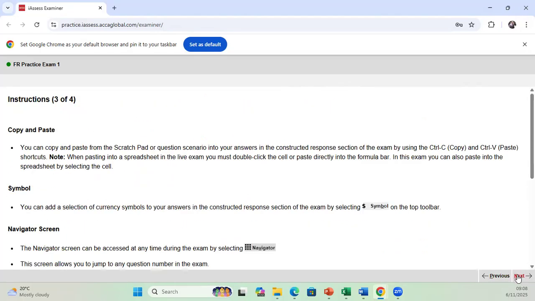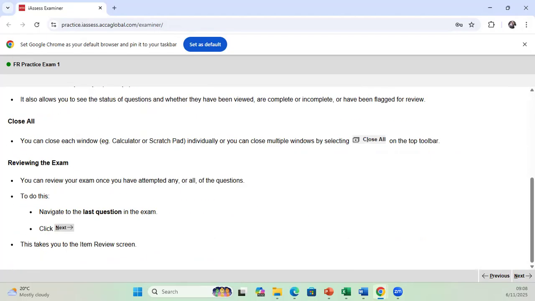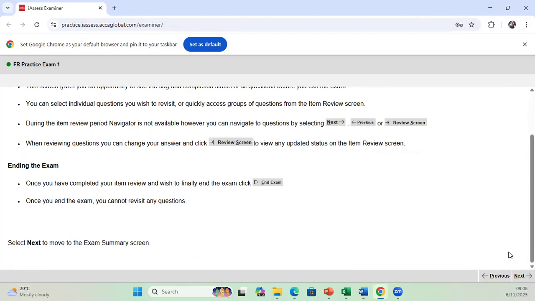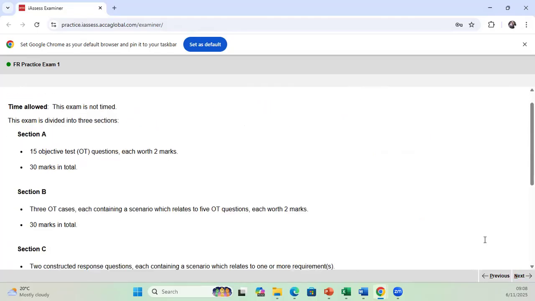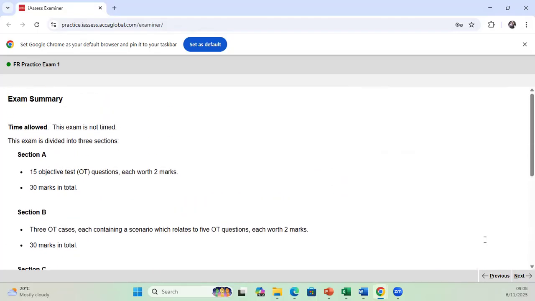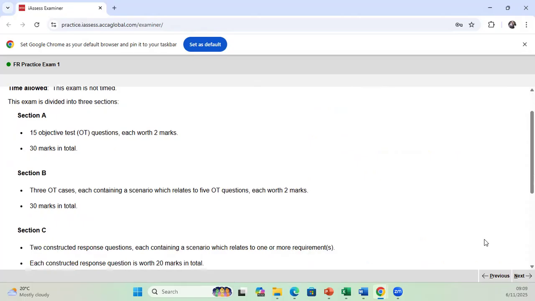Using the platform helps you get used to how you respond to the actual exam system.